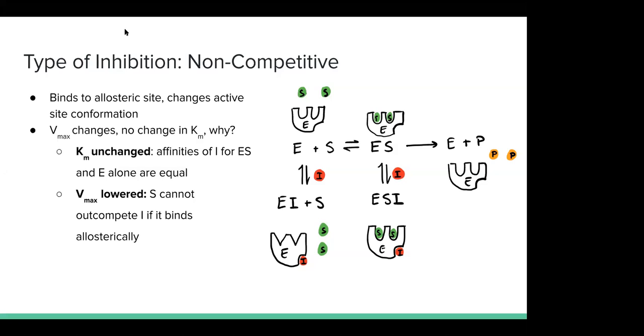In the case of non-competitive inhibition, you have substrate binding to the enzyme, or you have substrate binding to the EI complex. If there's no difference in substrate binding to the enzyme, then you wouldn't see a change in Km. But it'll make more sense once you start explaining the alternative, which is mixed inhibition.